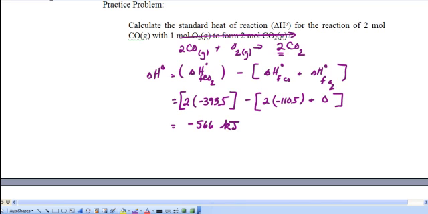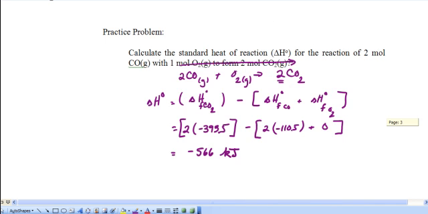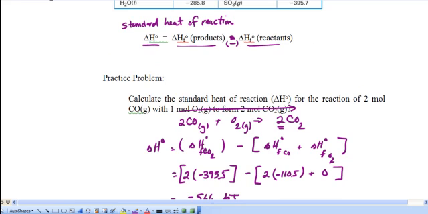Now in the next practice problem, which we're going to tackle in the next podcast, I'm going to walk through and show you why this equation actually works. And actually, before we do that, let's just make a little adjustment here. Some people will write this as so.